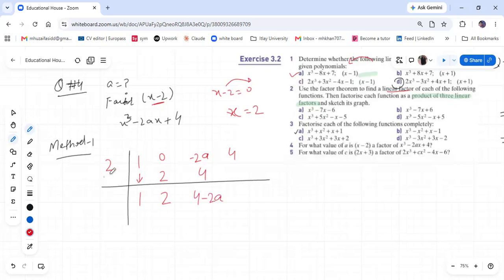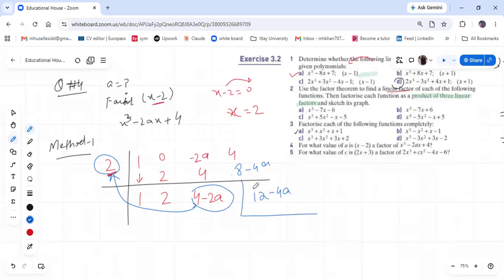After this, we multiply 2 by this one, which gives 8 minus 4a. So 8 plus 4 is 12 minus 4a.